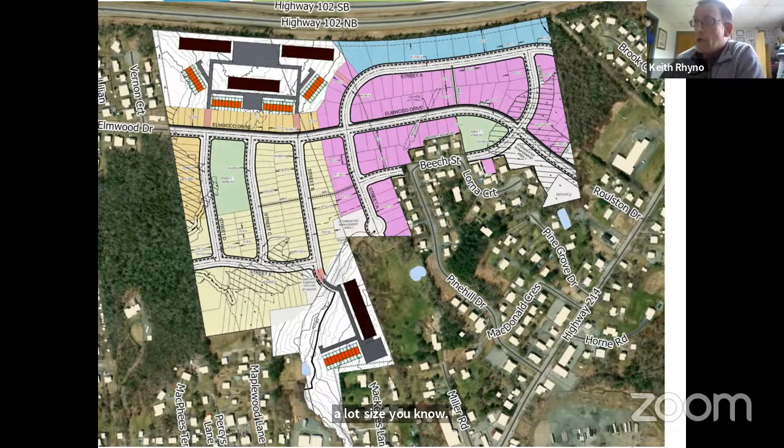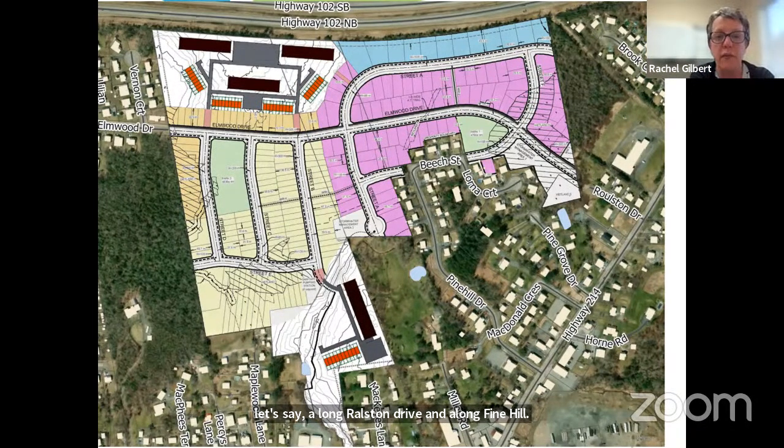I understand that. But what would be the average, I know it's an older subdivision, but what would be the average lot size in Elmwood and let's say along Ralston Drive and along Pine Hill? What would be the average frontage along there? I don't have that information to hand.